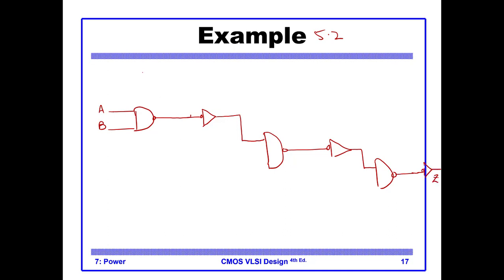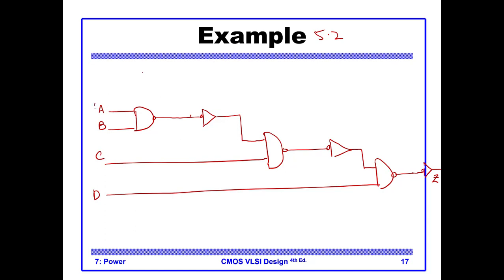So this is for Z, and this is C, and this is D. Again, the probabilities Pa, Pb, Pc, Pd are all 0.5 to start with. So what is the solution?